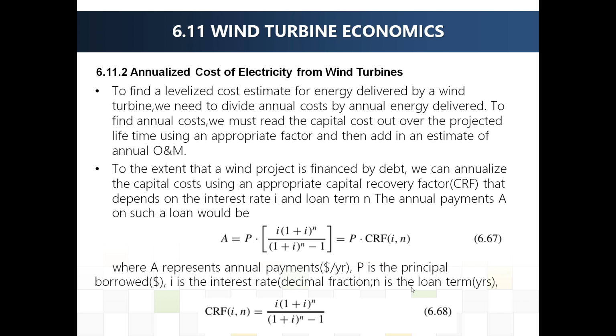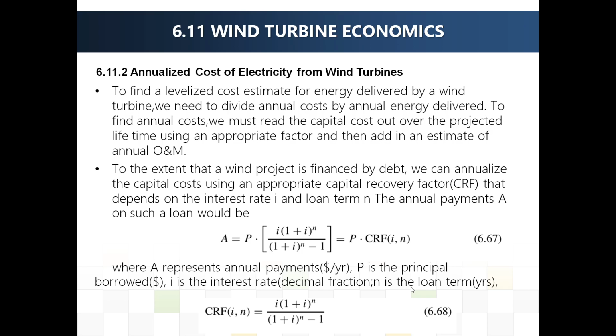Section 6.11.2 Annualized cost of electricity from wind turbine. To find the levelized cost estimate for energy delivered by a wind turbine, we need to divide the annual cost by annual energy delivered.